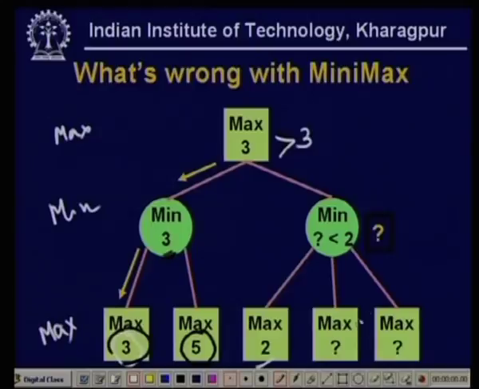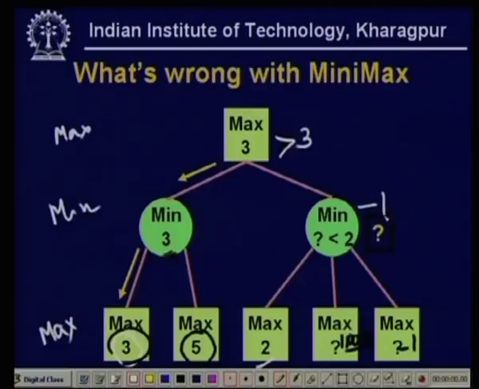For example, even if the value at this node is equal to, let us say, 100, even then max will not be interested in this path, because in that case min value will be still less than 2. If the value here is, let us say, minus 1, the min value will be equal to minus 1.